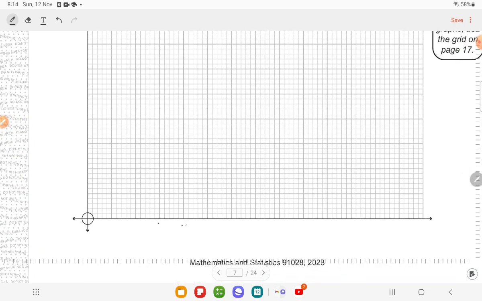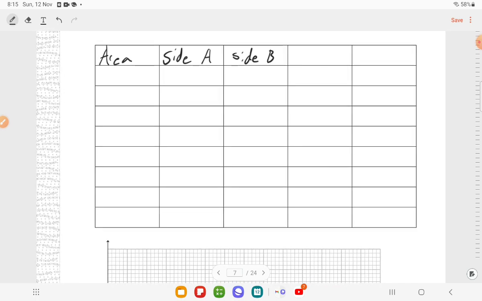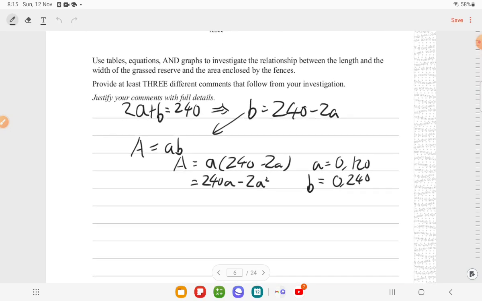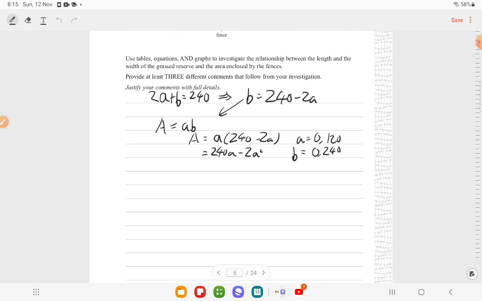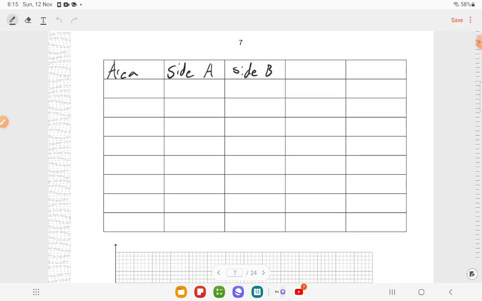Actually, no, I think this table is just for the graph.